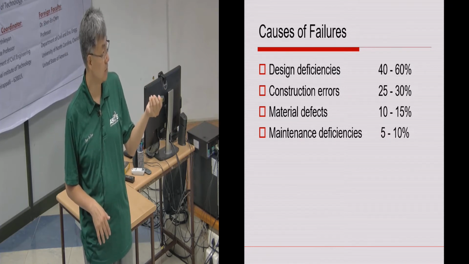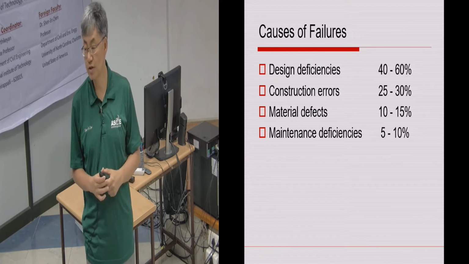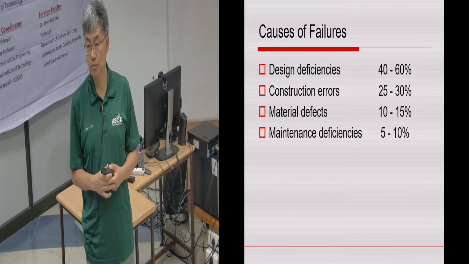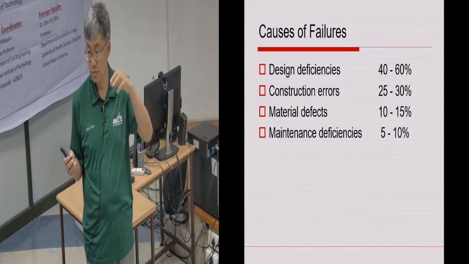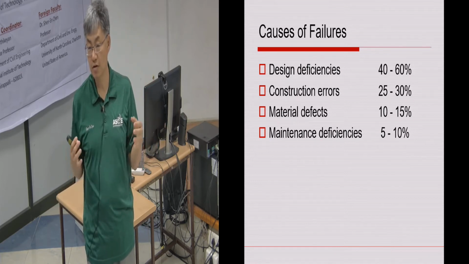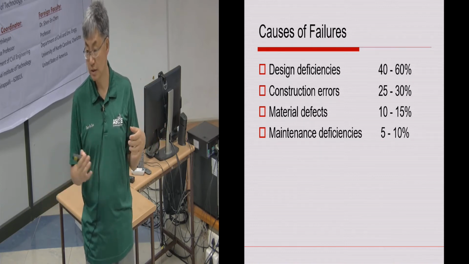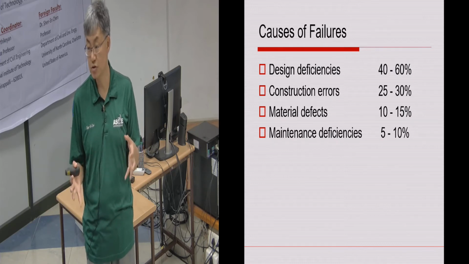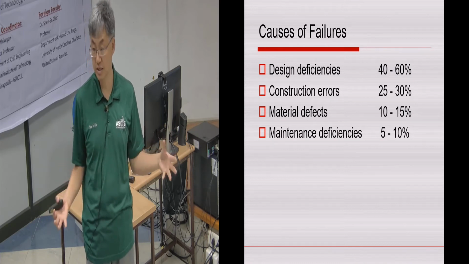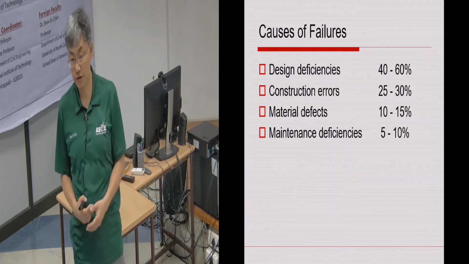Construction errors, 20 to 25%. Material defects: in India, most parts are very hot, so when you mix concrete, you don't have a lot of issues. But in America, when you cast concrete in the winter, the heat of hydration will not be able to completely release because it's too cold for the concrete to form. Then you have a lot of failures.